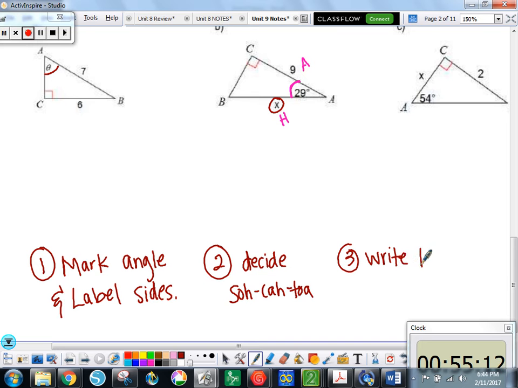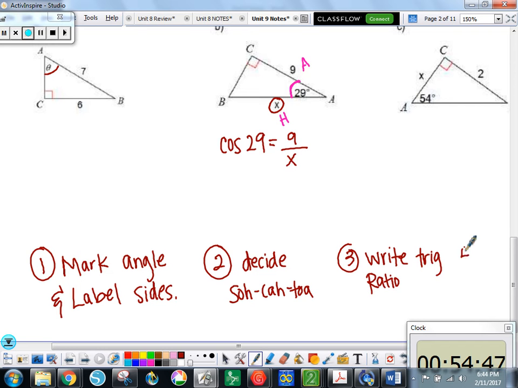We have to write the trig ratio using the cosine that we found for step 2. So the cosine, sine, tangent, trig is always based on angle. So the cosine of angle 29 equals adjacent over hypotenuse, which leads us to step 4.